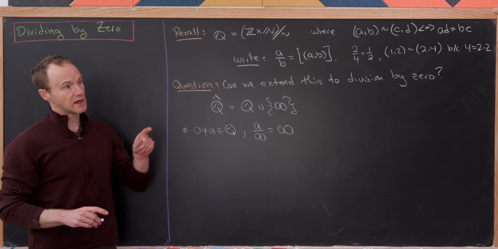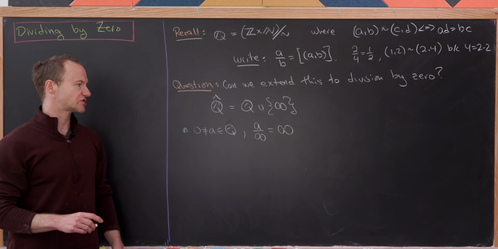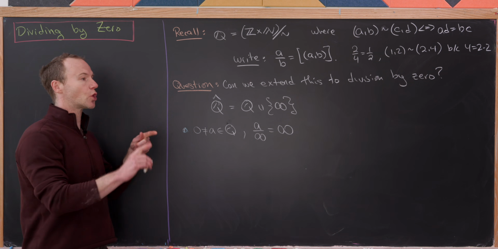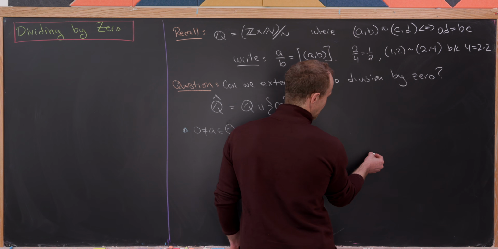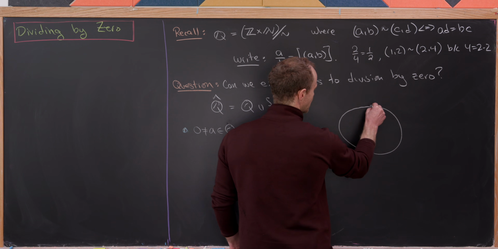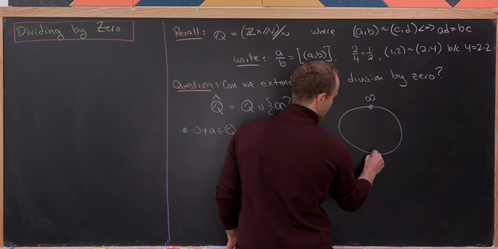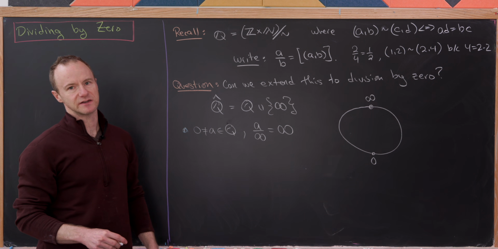So if you go infinitely in the positive direction or infinitely in the negative direction, you still go towards infinity, if you will. So in a sense, this is like taking all of the rational numbers and then wrapping them up into some sort of circle. At the top we've got infinity, and at the bottom we've got 0.